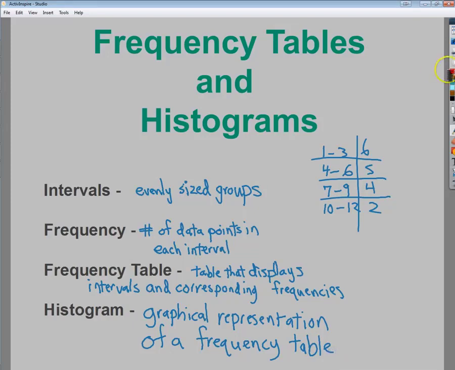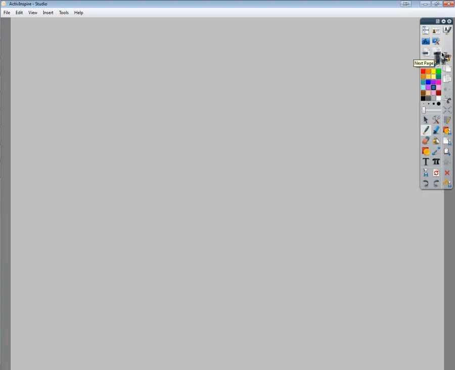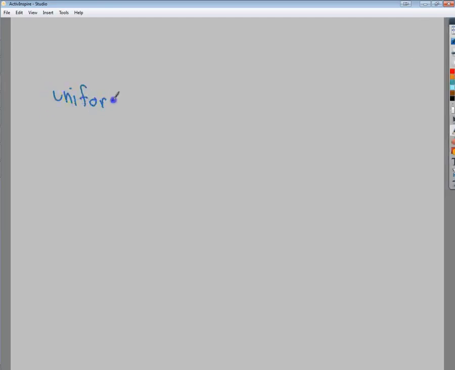Now a histogram comes in 3 basic looks. The first would be uniform. And I'm just going to draw it, but when I get to the question part, I'll actually explain how to make it look.